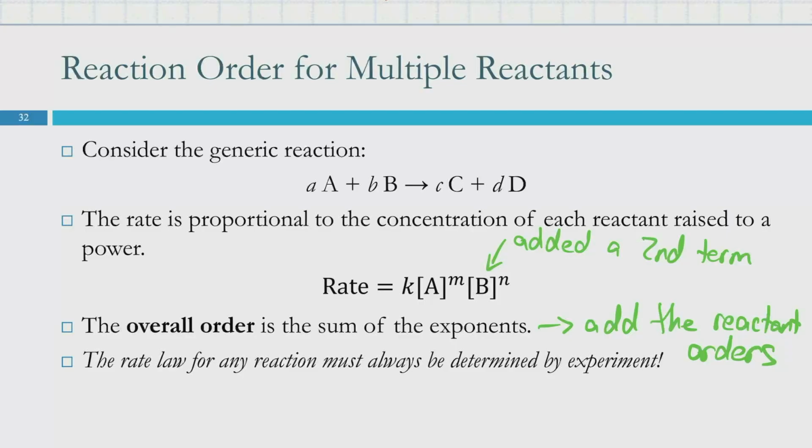So for example, if m equals 2 and n also equals 2, the overall order is 4. We've added the 2 and the 2. If it was 2 and 1, the overall order would be 3.